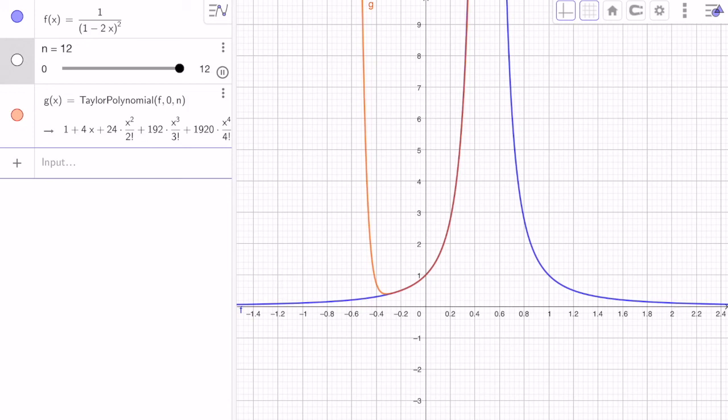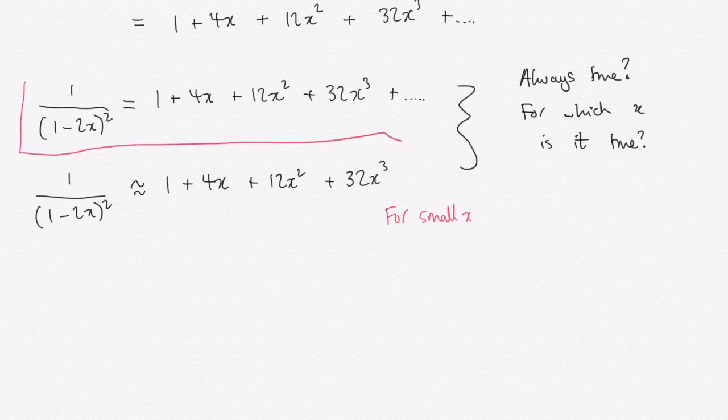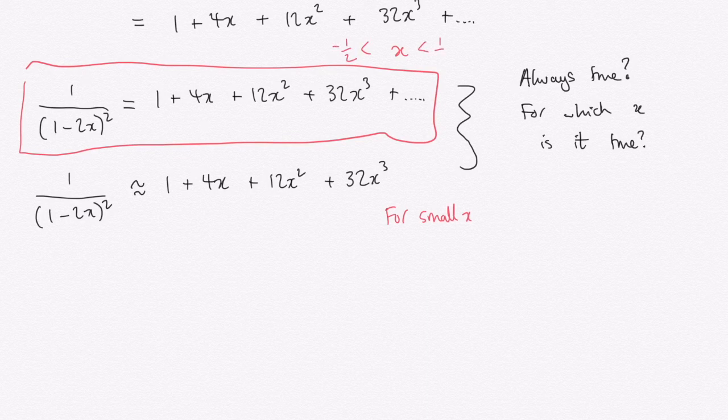So what we can say is that this is a good approximation for small x, but the statement that 1 over (1 minus 2x) all squared is exactly equal to 1 plus 4x plus 12x squared plus 32x cubed plus all of these remaining terms is only valid when x is between negative a half and a half.